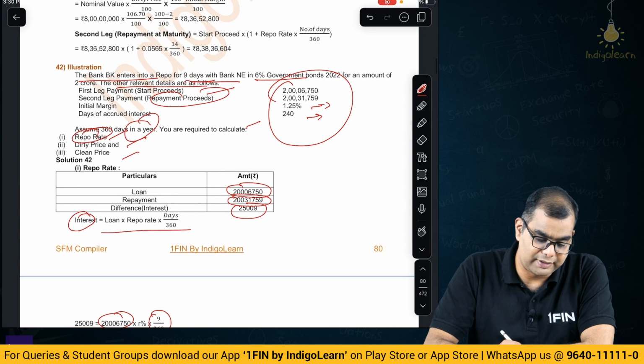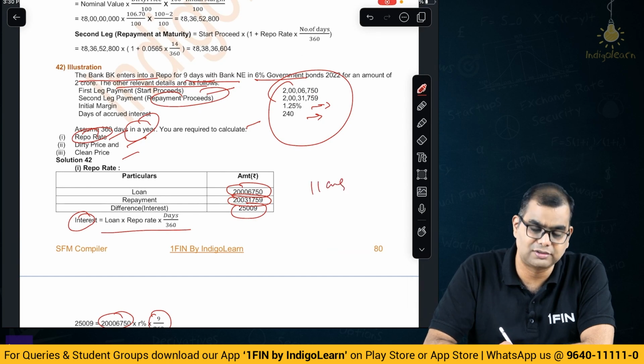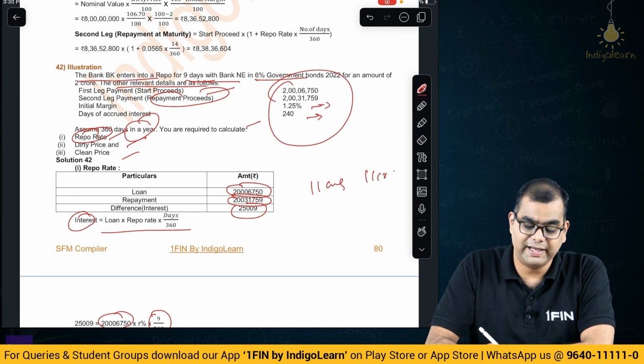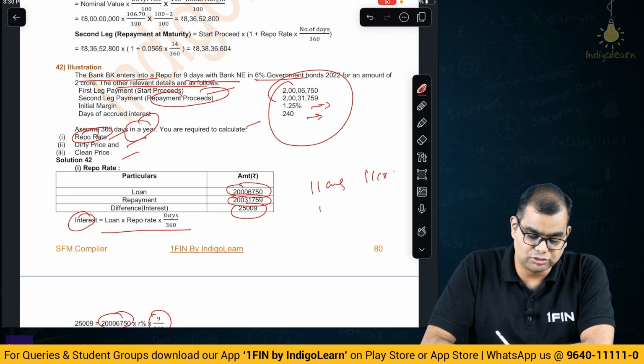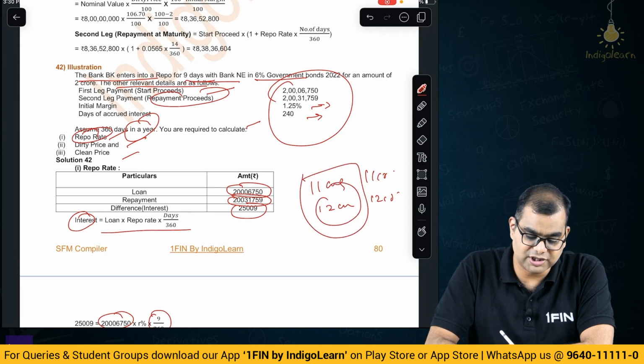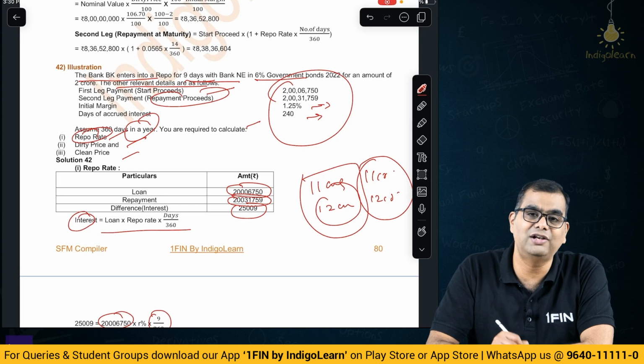So, I am going to give you a loan of, let us say, some 11 crores, by buying some security from you at 11 crores. Then I am going to sell it back to you at 12 crores, where I give back your security and you give me 12 crores. So, this 11 and 12 represent both the security value as well as the value of the loan.